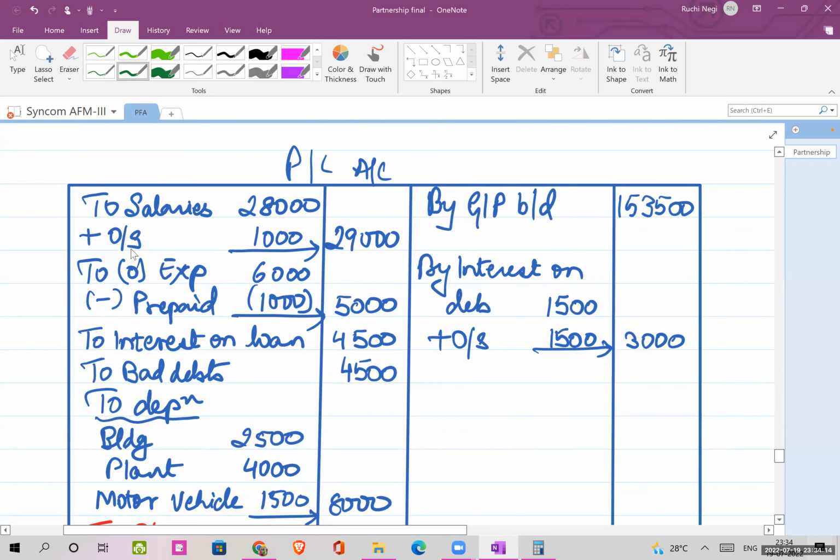Salaries पे adjustment था, so I'm highlighting it with green. Same like wages. Okay, I'm highlighting all the adjustments with green. Outstanding expense, इसमें से वो गलती से प्रीपेड इंश्योरेंस इंक्लूडेड है, तो हमने उसको रेक्टिफाई कर दिया.